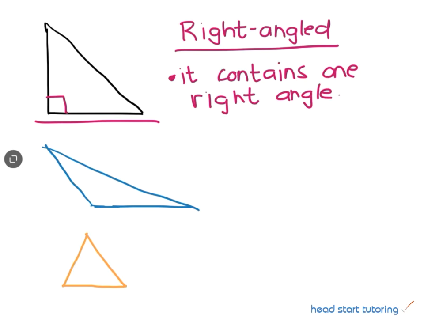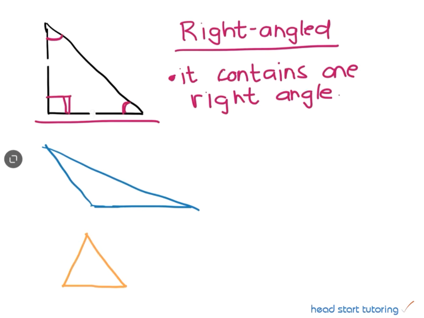Okay, so now if these two angles here are equal to 45 each, then we would have an isosceles and a right angled triangle. So it would be called a right angled isosceles triangle because it would have a right angle and it would have your two base angles equal to each other, which would mean that these two sides would be equal to each other, and that would make it a right-angled isosceles triangle.